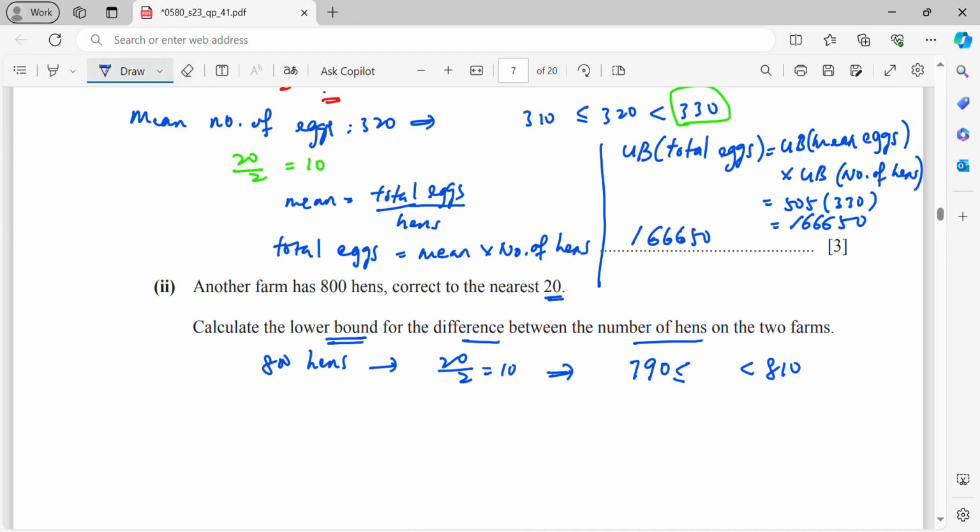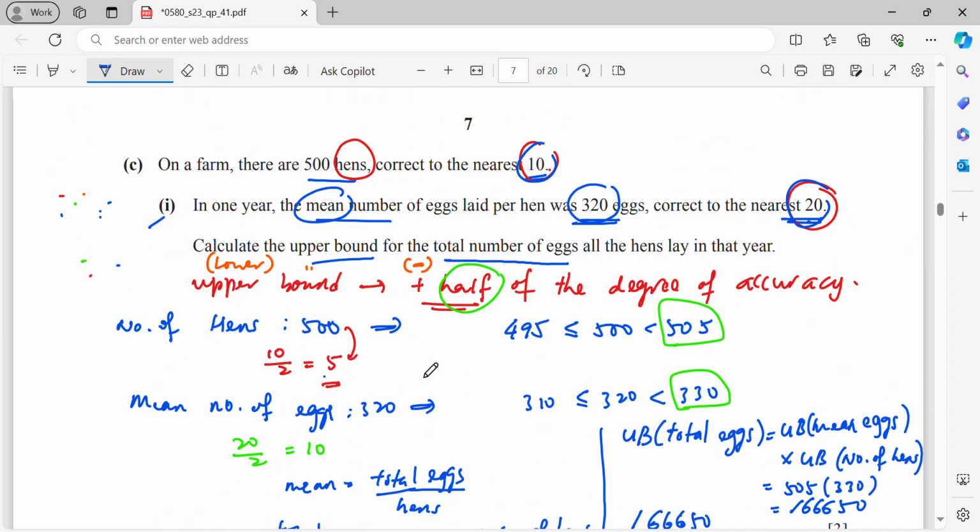Right. So from here, your lower bound of the difference. This is farm number 2 minus farm number 1. This is farm number 2, and this is farm number 1.